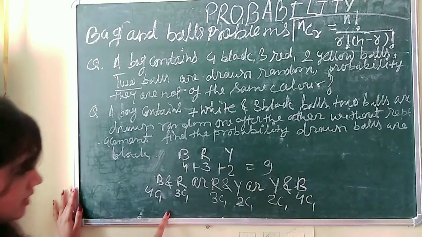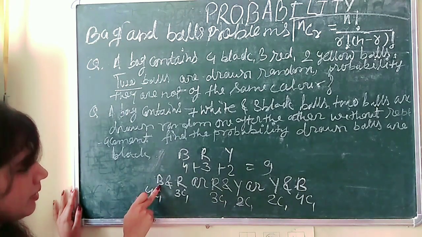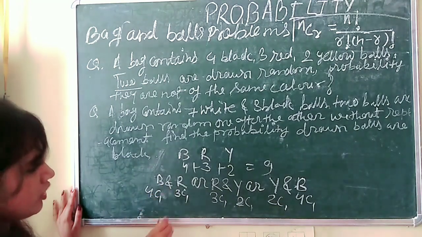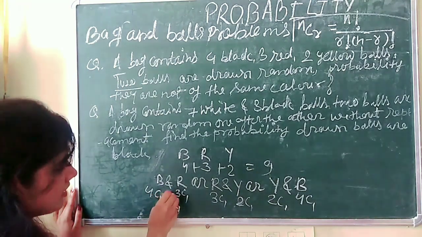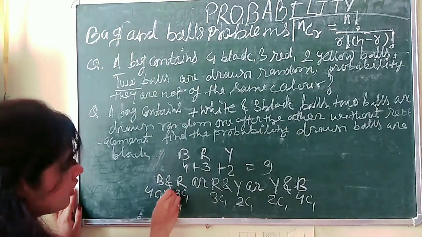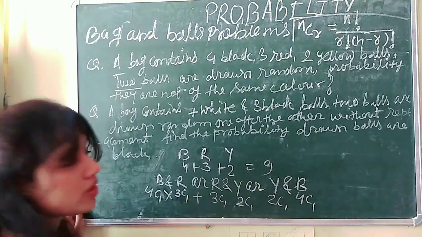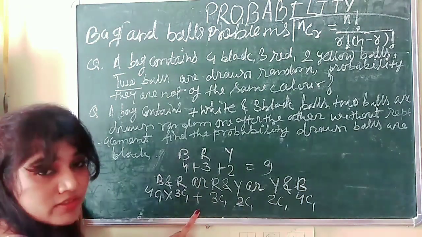So now it has the combination, and here you can see black and red. So what sign will we put here? For AND we will put the multiplication sign. For OR we will put the positive, additive sign.